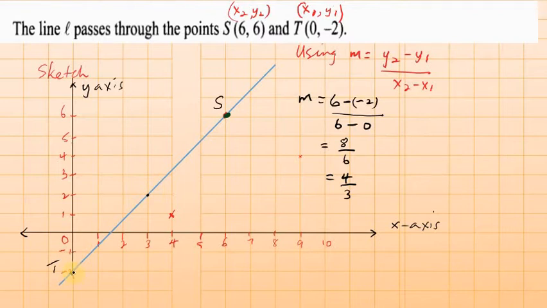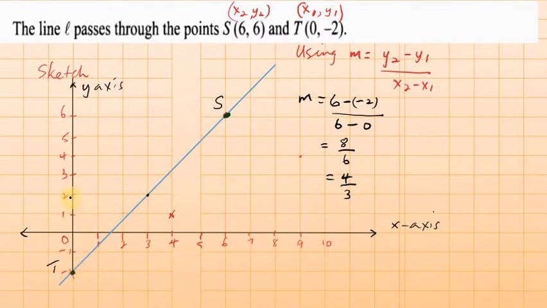What I was saying earlier is that I could go up by 3 and come across by 2, giving 3 over 2. But when we examine that, we're not exactly on this point here. I am a bit off from it, so 3 over 2 would not have been the correct answer from this graph.